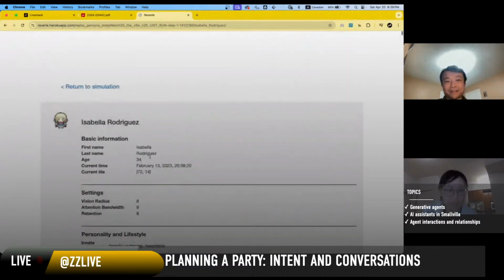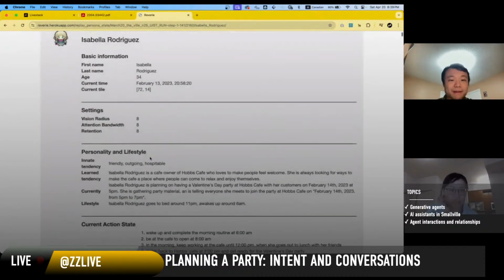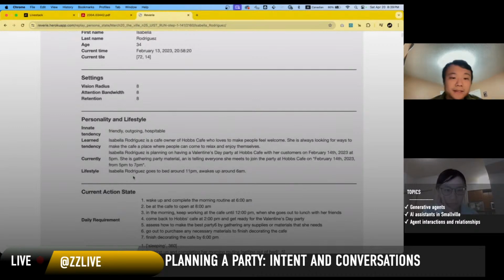Okay, let's take a closer look. Personality, lifestyle, tendency, learned. Wait, what is that? Innate tendency, learned tendency. This is matching the paper.